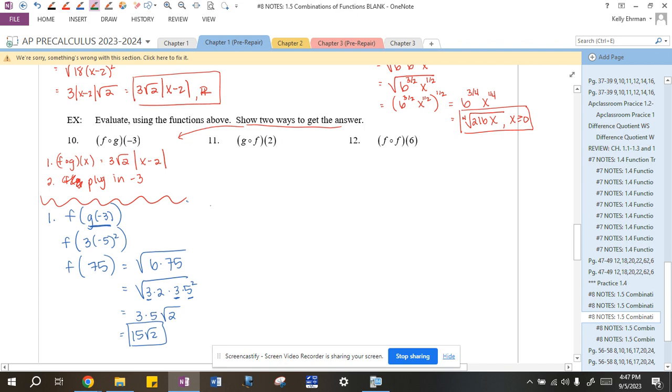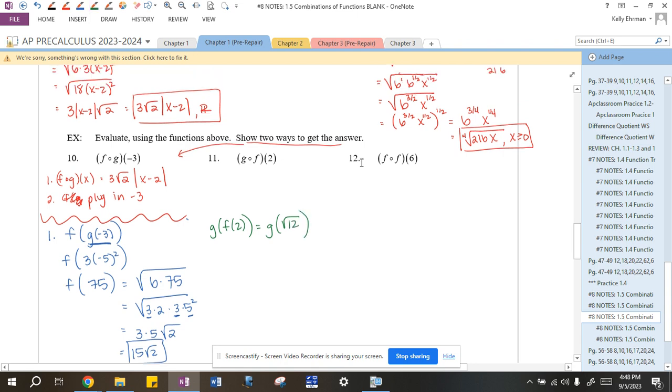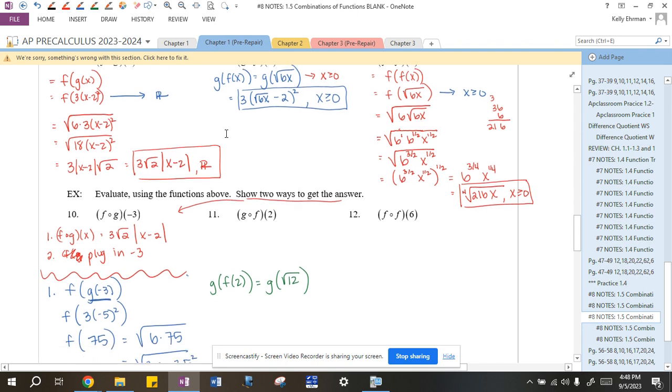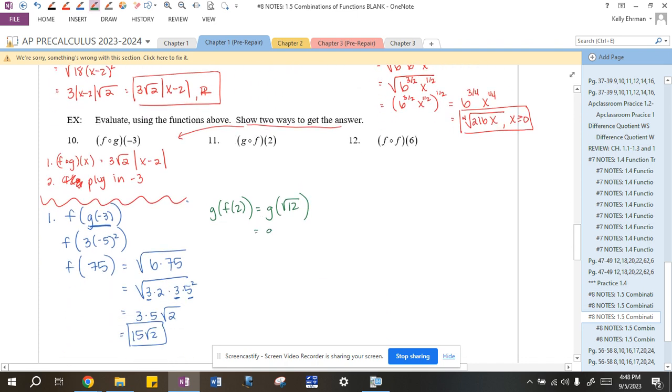Let's see if it's okay for this combination. So this means g of f of 2. So if I plug in f of 2, that means I have g of the square root of 12, right? Because f is the square root of 6x. And let's just clean that up. Oops, that's g of 2 radical 3.